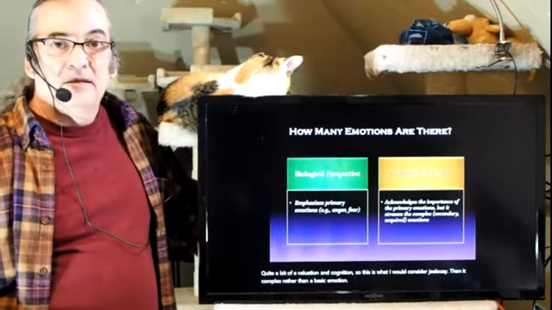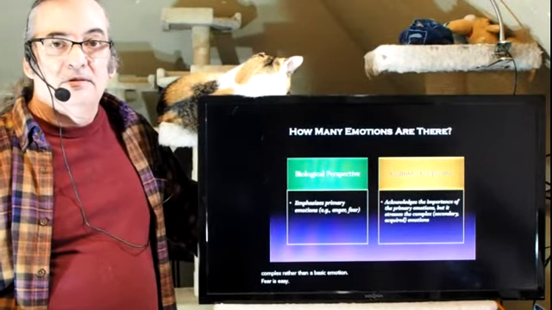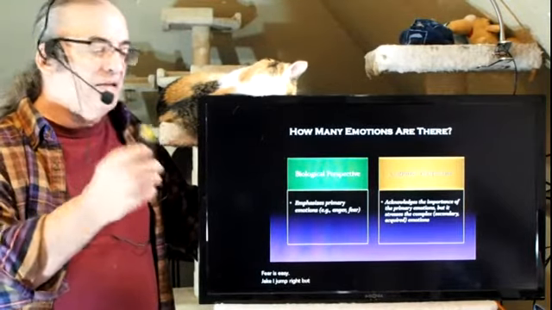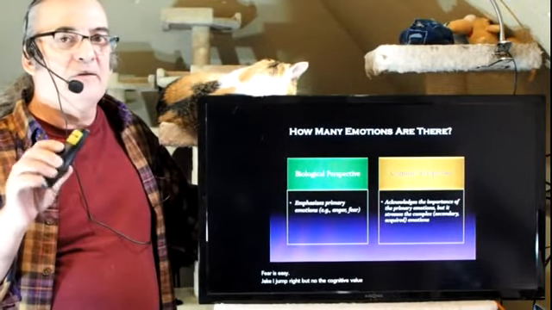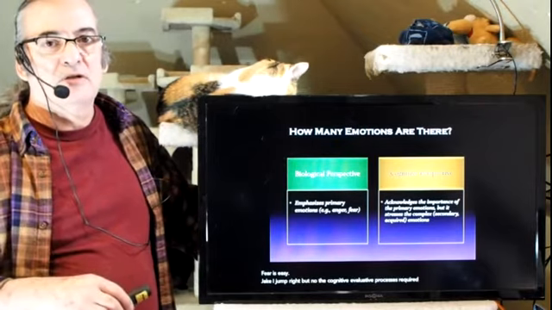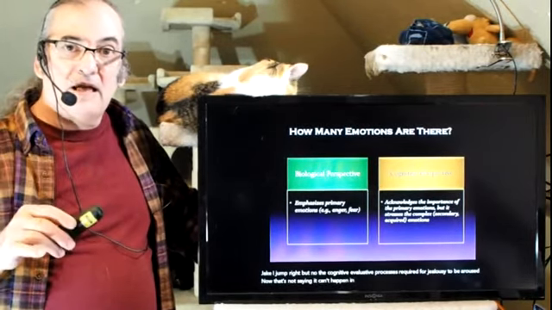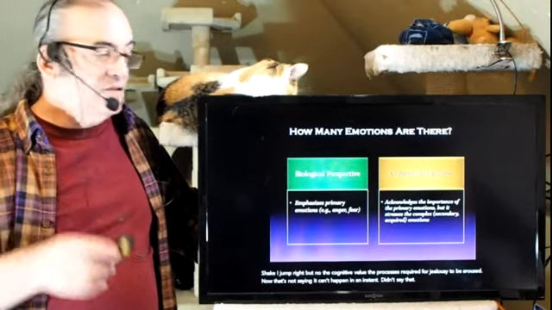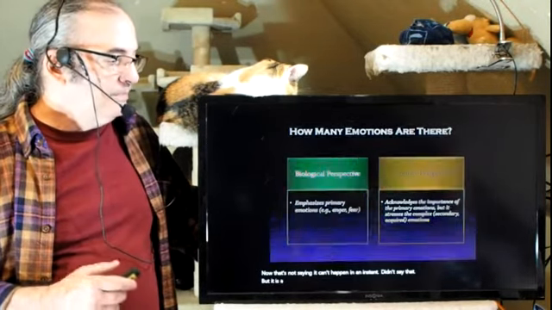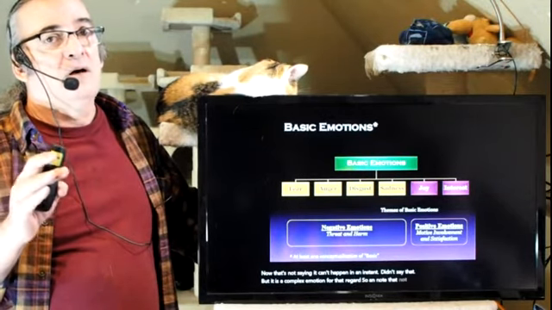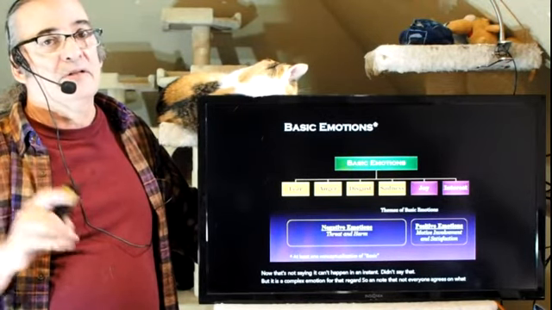Fear is easy. Snake, I jump, right? But no, the cognitive evaluative processes required for jealousy to be aroused. Now, that's not saying it can't happen in an instant. Didn't say that. But it is a complex emotion for that regard. So, and note that not everyone agrees on what are complex or basic emotions.